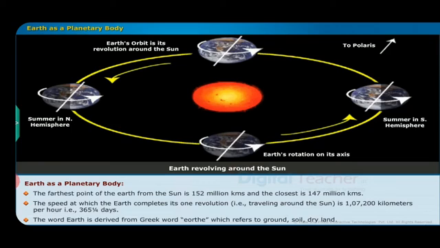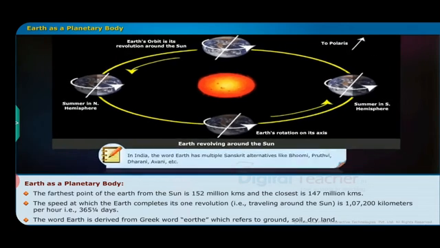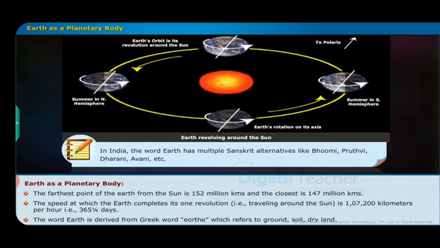The word Earth is derived from Greek word Earthe, which refers to ground, soil, dry land. Note: in India, the word Earth has multiple Sanskrit alternatives like Bhumi, Prithvi, Dharani, Avani, etc.